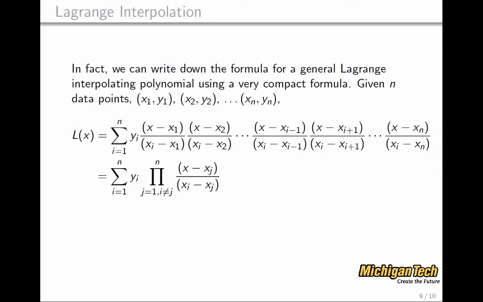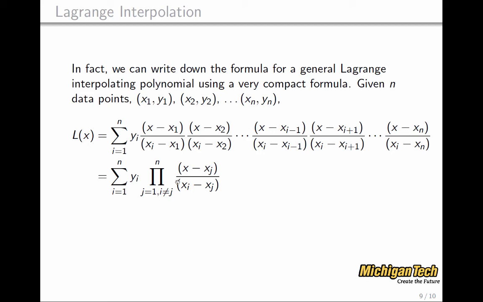So if you have n data points, you can actually write a general formula. Although this looks intimidating, realize that these are really just the quotients of x minus xj divided by xi minus xj, and it's missing the term where j equals i. So this interpolating polynomial can be written compactly using this product formula.